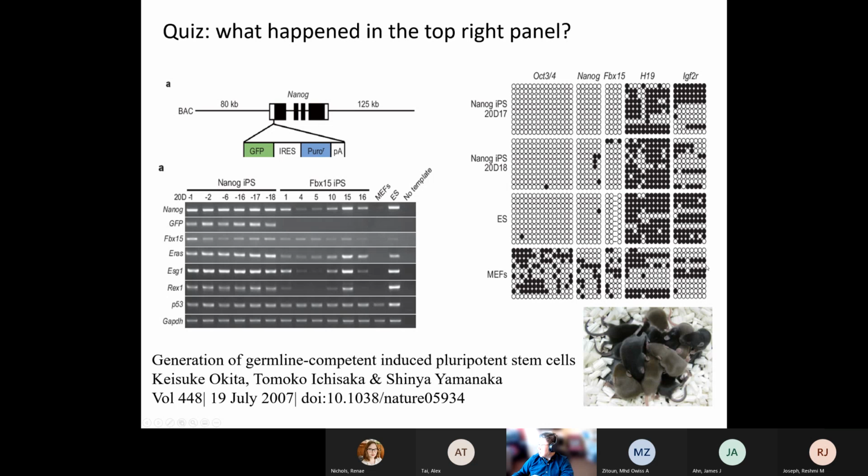It is expressed in fibroblast, and there is a lot of openness in fibroblast. You see a lot of open circles. In embryonic stem cell, you have fewer open circles, right?